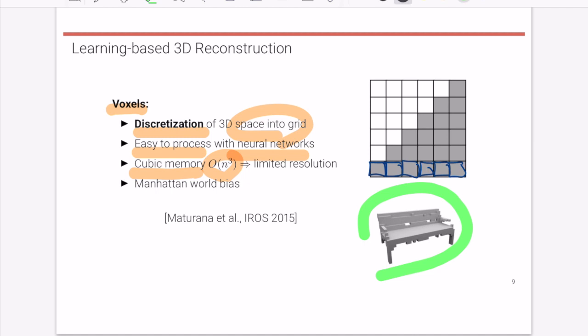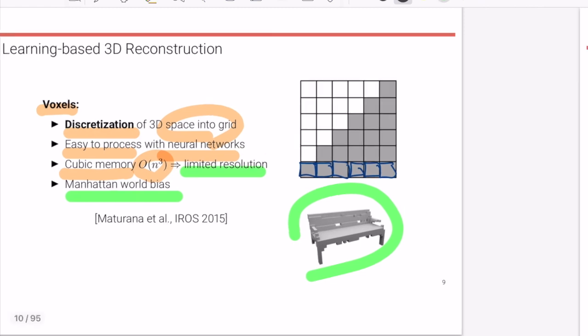It means that it's really hard to represent highly detailed 3D representation. It has a limited resolution problem, and it is also based on the Manhattan world bias. I mean the Manhattan world assumption. It means that the scene or the 3D world can be well represented by a set of regular grids. So this is a box representation.